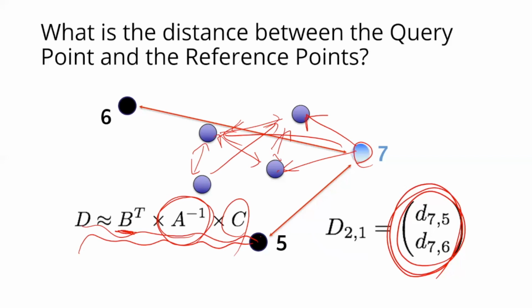The Nystrom approximation formula boils down to this simple equation: the distance from the query point to the reference points is represented by B transpose times A inverse times C.